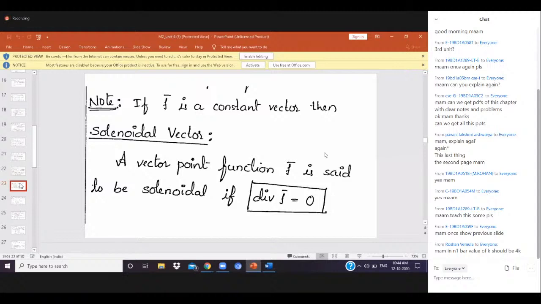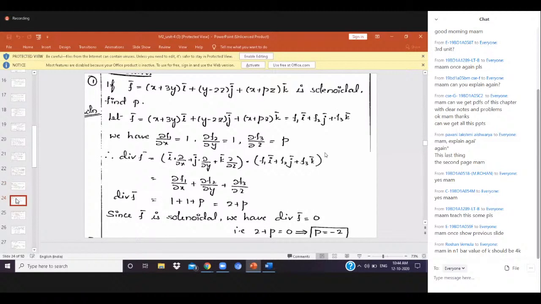You have to remember this point, and we have problems under this as well. Look at one of the problems: if f bar is given as (x plus 3y) i bar plus (y minus 2z) j bar plus (x plus pz) k bar and is solenoidal, find p.